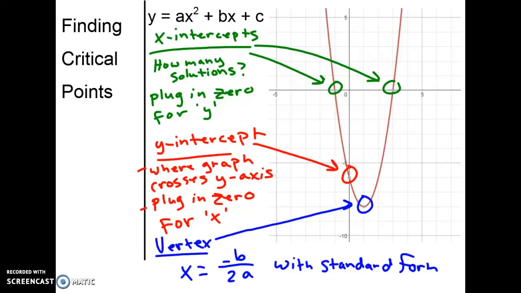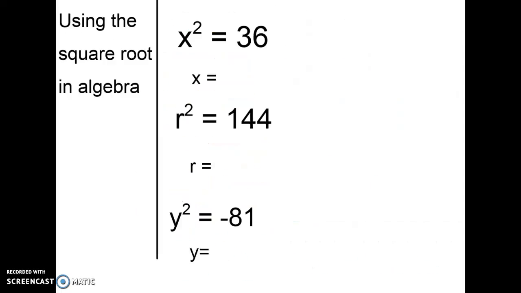Then I want to move on to a couple of examples dealing with the square root. If we had equations that look like this, this seems pretty straightforward, but I want to caution you that it's not as easy as it looks. Here we have x squared equals 36.